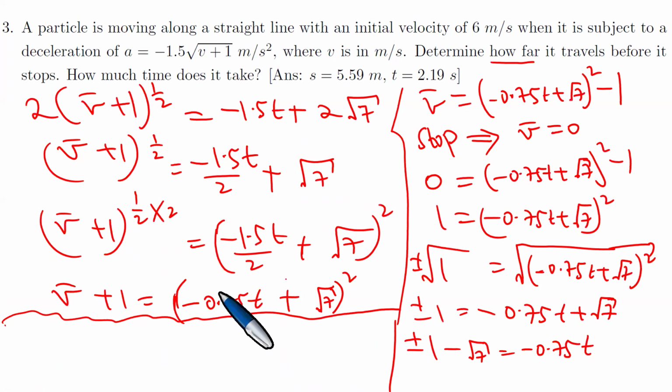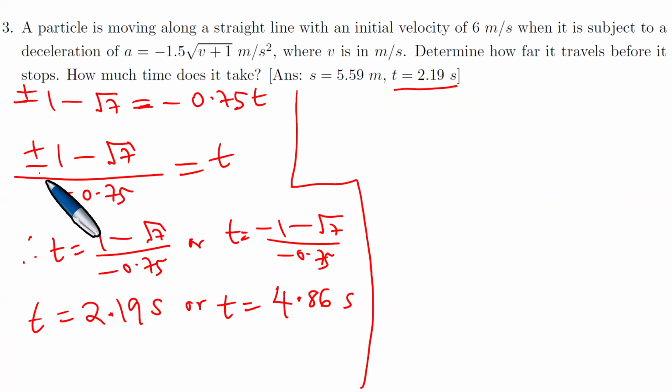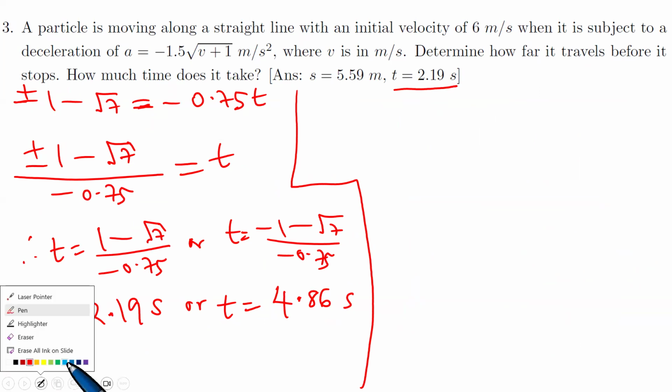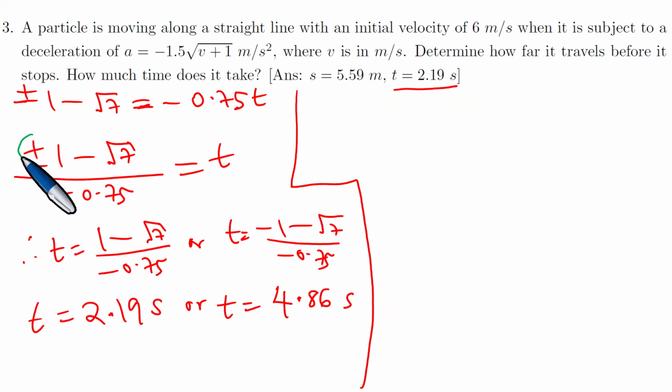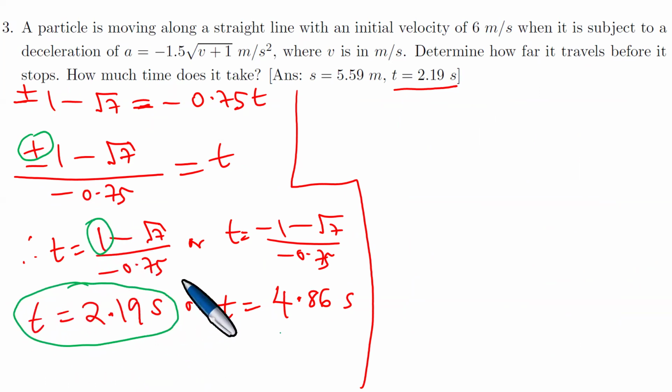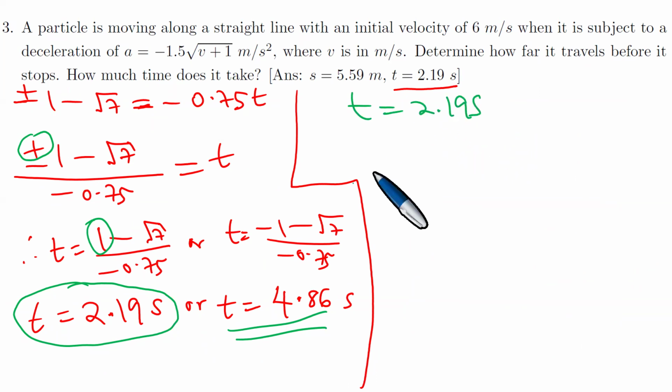So in other words, the author of the book just considered everything positive here, and having considered the positive and dealt with it, the positive produced this one here. Meaning that obviously you shall take this out and consider that the time is 2.19 seconds.